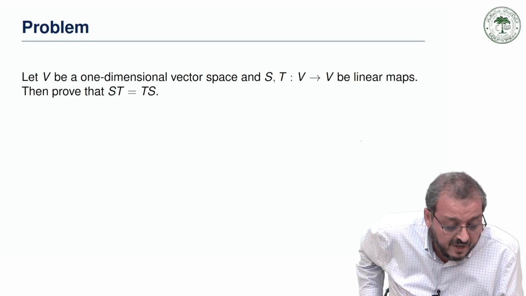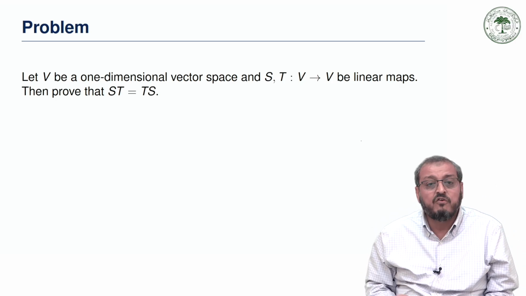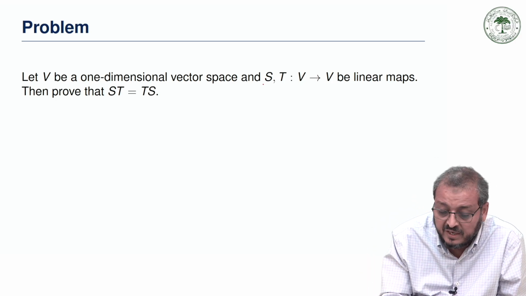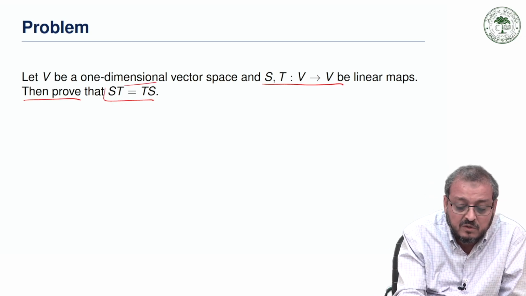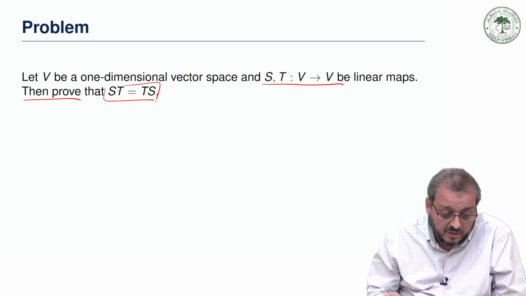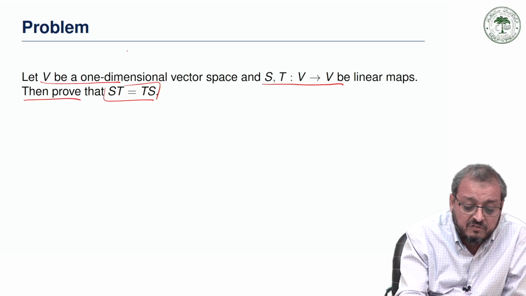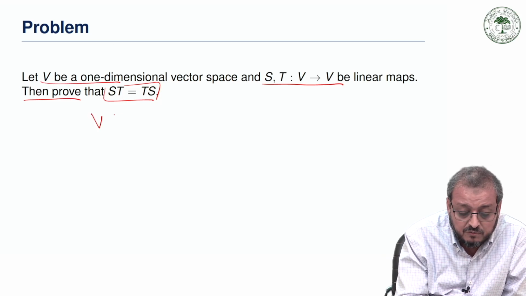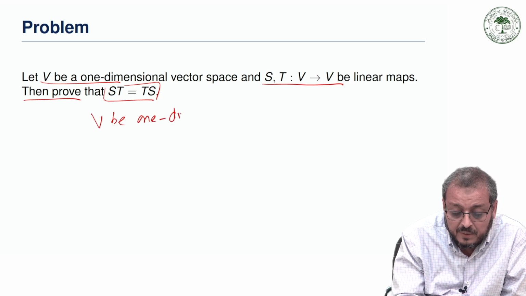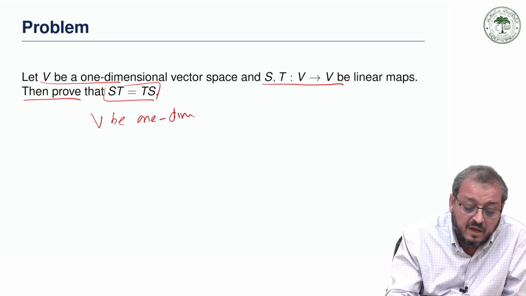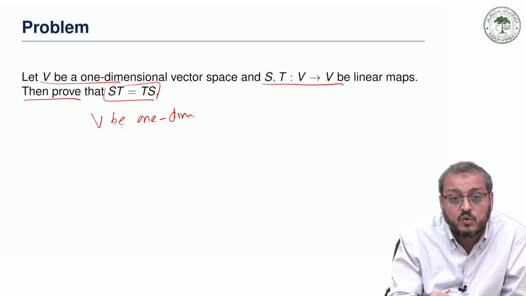If V is a one dimensional vector space and S and T are linear maps from V to V, then prove that ST is equal to TS. Okay, so V is given, V is one dimensional. Then that means the dimension of V is equal to 1.